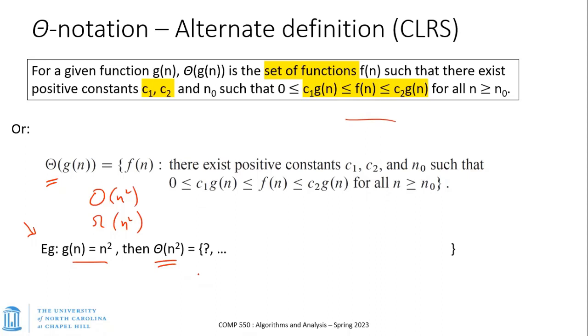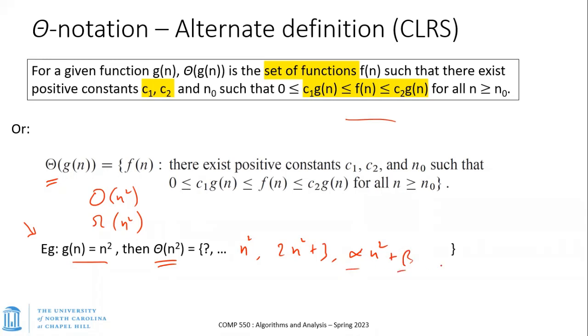Yeah. So it has to be n squared, right? You can't have lower powers or higher powers. You have to be exactly n squared. It can't be n to the power 2.1. Okay? It has to be exactly n squared. So the only functions that would satisfy that could be n squared. It could be 2n squared plus 3, or alpha n squared plus beta, and alpha and beta could be any constant.